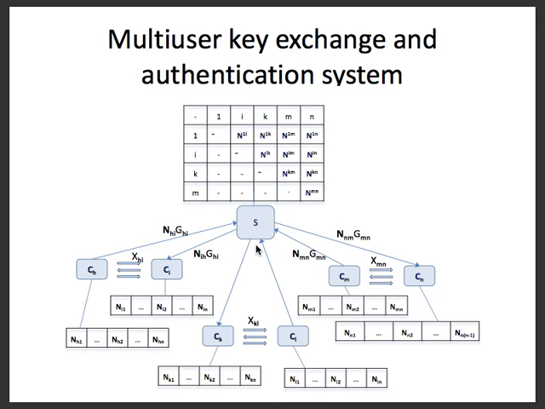Everybody can exchange the key using the central server, and the server has not a personal matrix of a client, but a combination of these matrices. And the result is that even if the server is compromised and a third party can see all these matrices, the system is still secure.